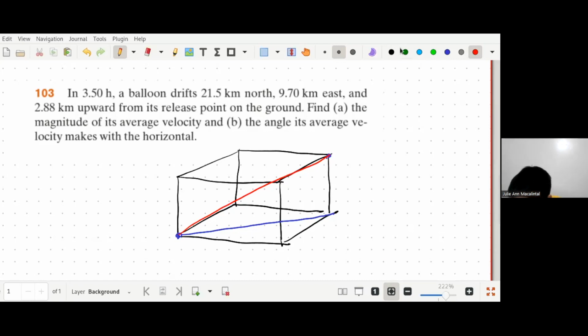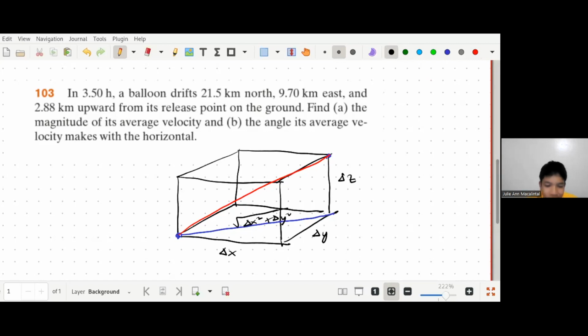If this is delta x, this is delta y, this is delta z, ang length nito ay square root of delta x square plus delta y square.